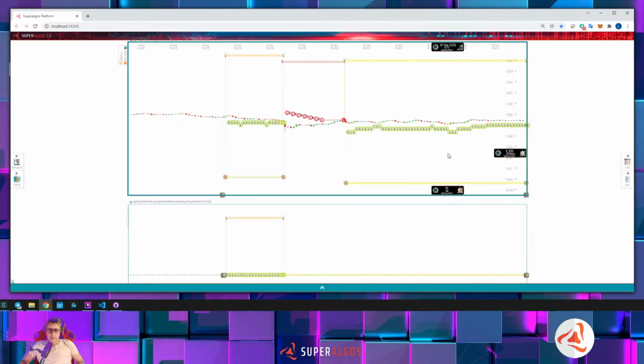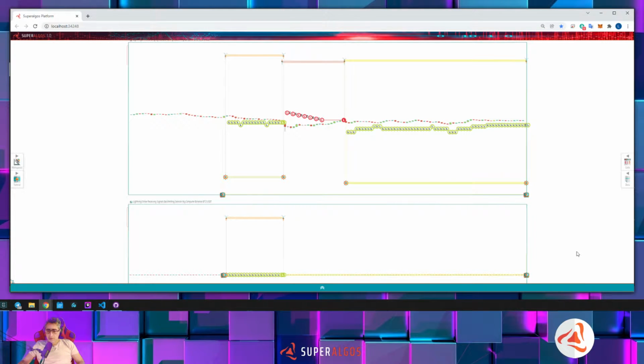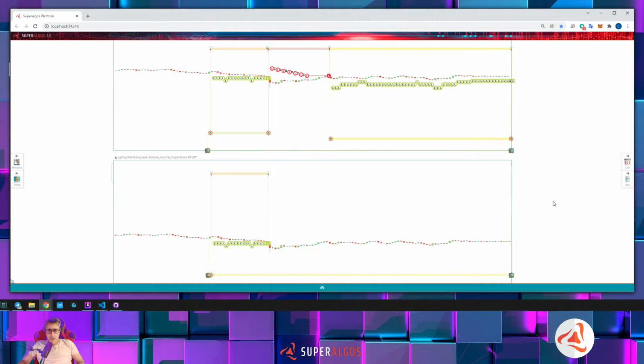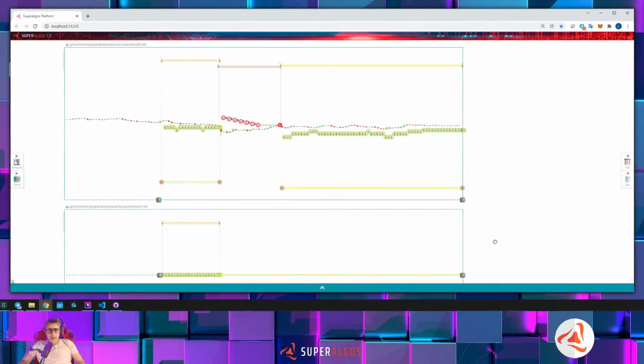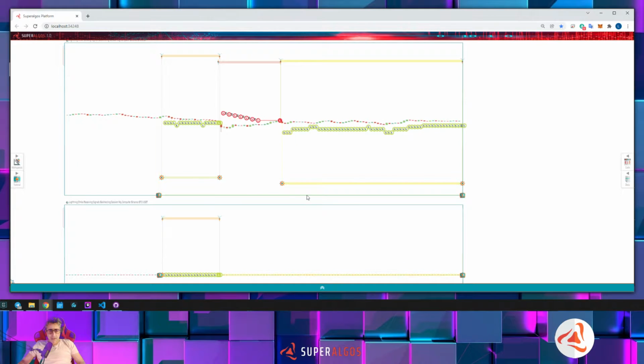Good. So the bot sending the signals is switching gears there.